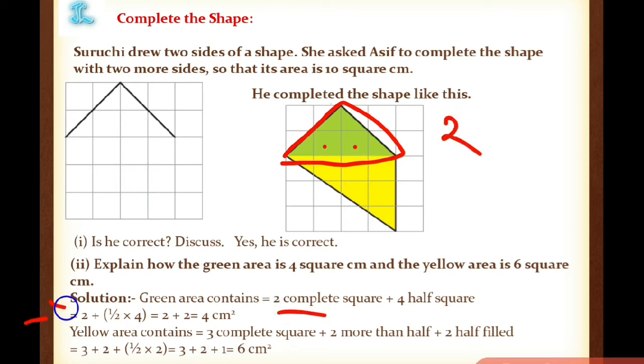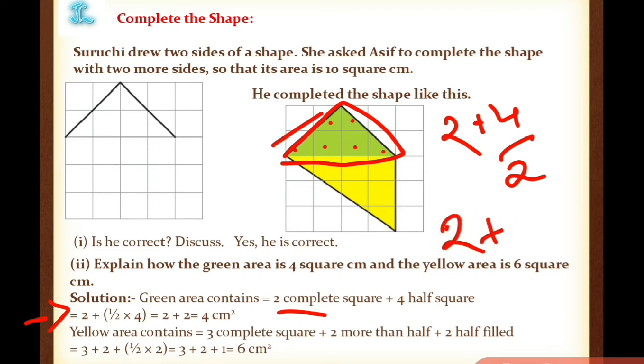Plus, now, this is half, this is half, this is half, this is half. How many halves are there? 4 halves are there. That is 4 by 2. So, 2 plus 4 by 2 is 2, that is 4. So, did we get exactly 4?